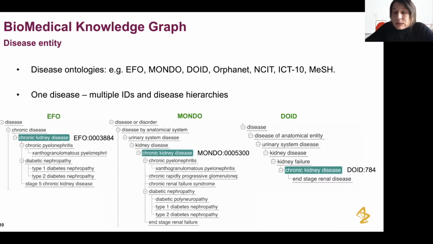Why is that the situation? Because different ontologies are used in different subdomains, let's put it like that. For example, MeSH is used by medical doctors, Orphanet is a specific ontology for rare diseases. EFO and Mondo are usually used in medical research results. So it's the same big domain, but a lot of subdomains working around diseases.